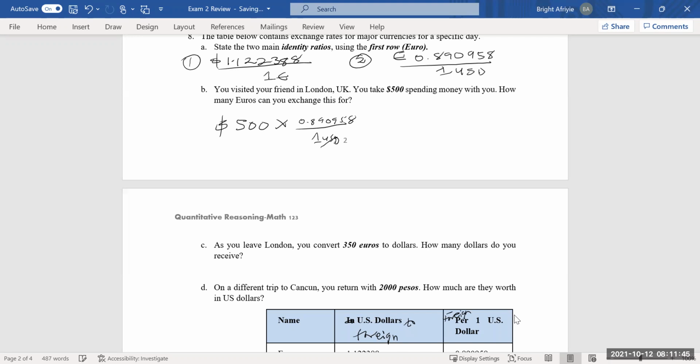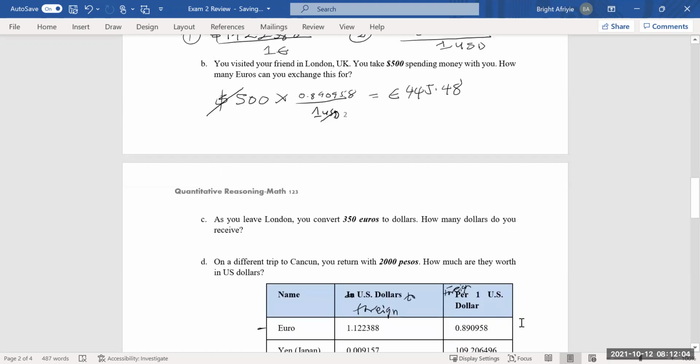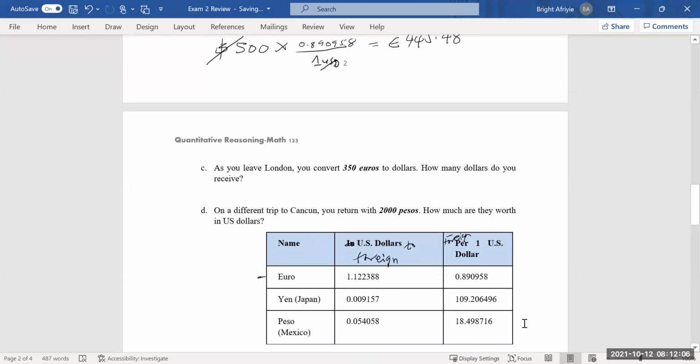That USD will take care of the USD. Now your answer will be in euros, and that should give you 445.48 euros.